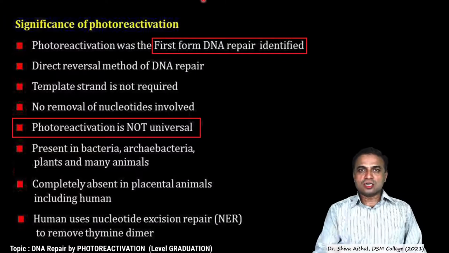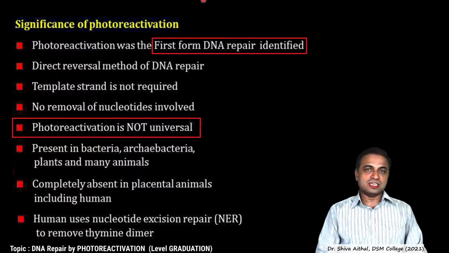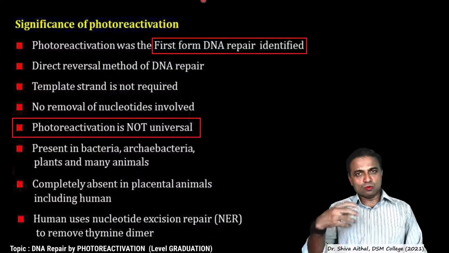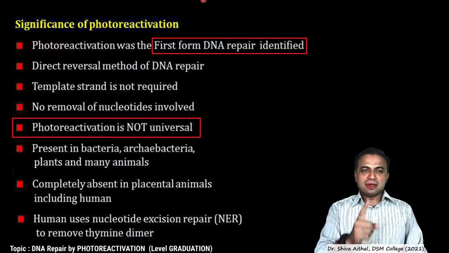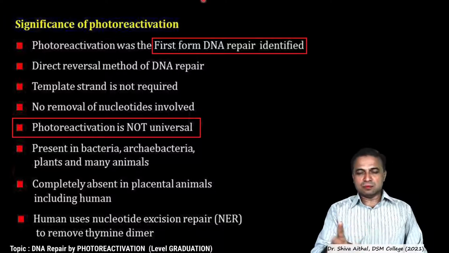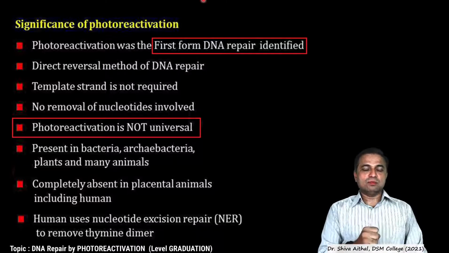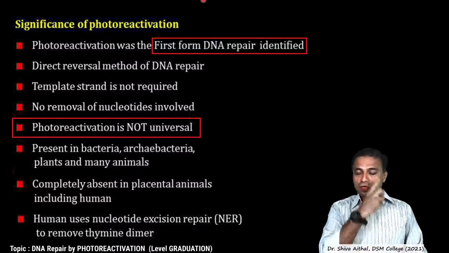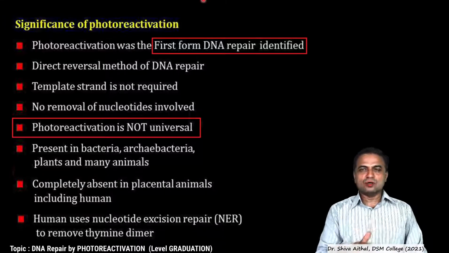Photoreactivation is not a universal phenomenon, therefore I am giving a separate lecture for this. Try to understand, photoreactivation is one of the most important phenomena in bacteria. It is present in archaebacteria, plants and many animals, but not all. Predominantly this mechanism is exclusive to prokaryotes. It is completely absent in placental animals including humans.